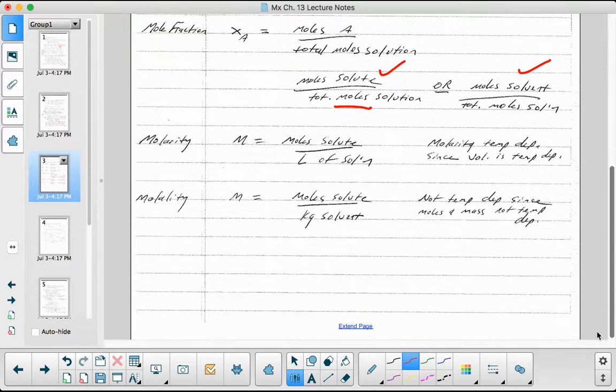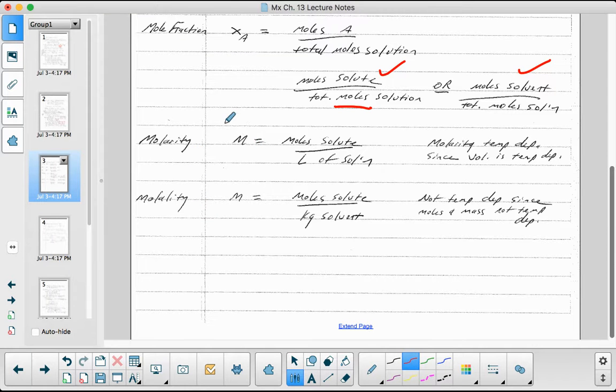Two very important concentration units are molarity and molality. I'm sure you've used molarity from first semester chem, particularly in lab work. Molarity is moles of solute per total liters of solution. Molarity is temperature dependent, since volume is dependent upon temperature. Then molality, they sound the same. This is molality, this is molarity.